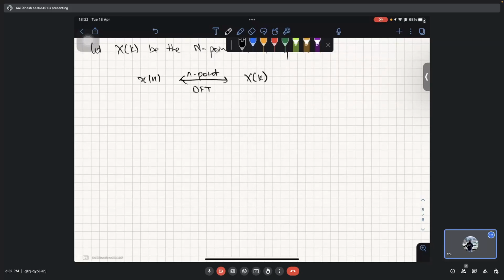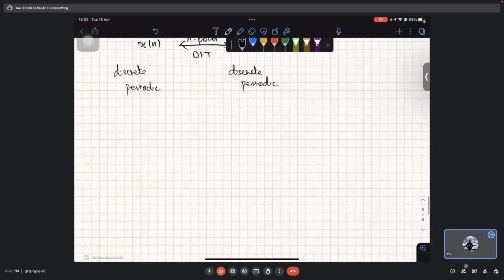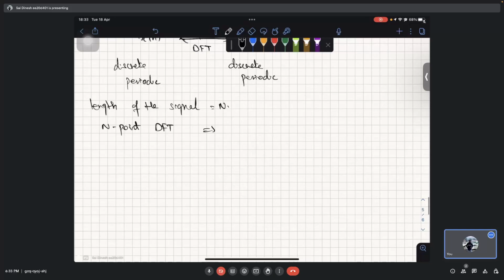We have seen earlier that in the discrete Fourier series, both are discrete and periodic, and the length of the signal is N with the N-point DFT. So this is what it means.